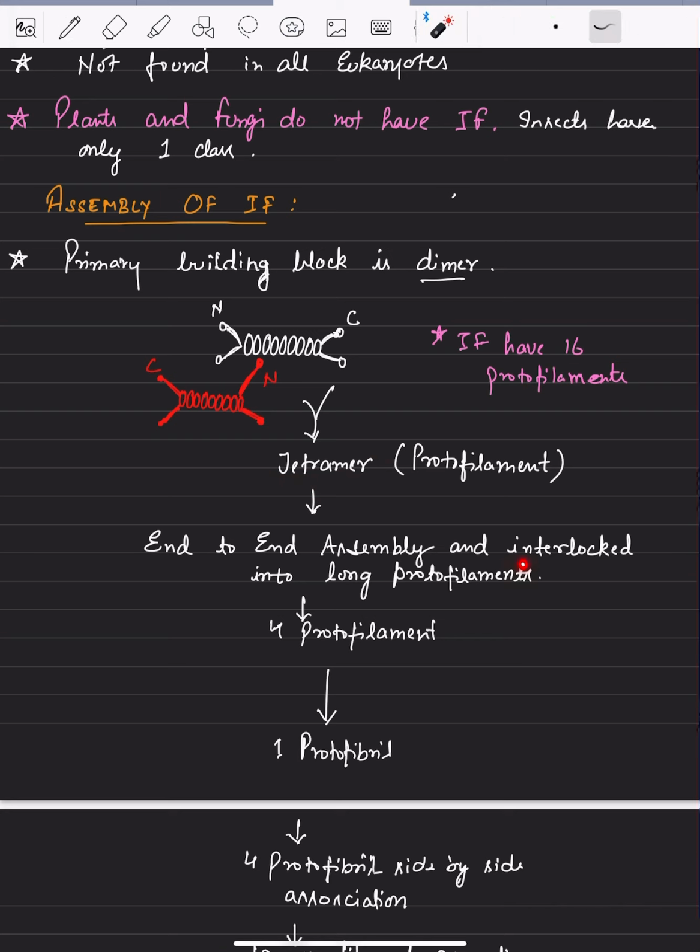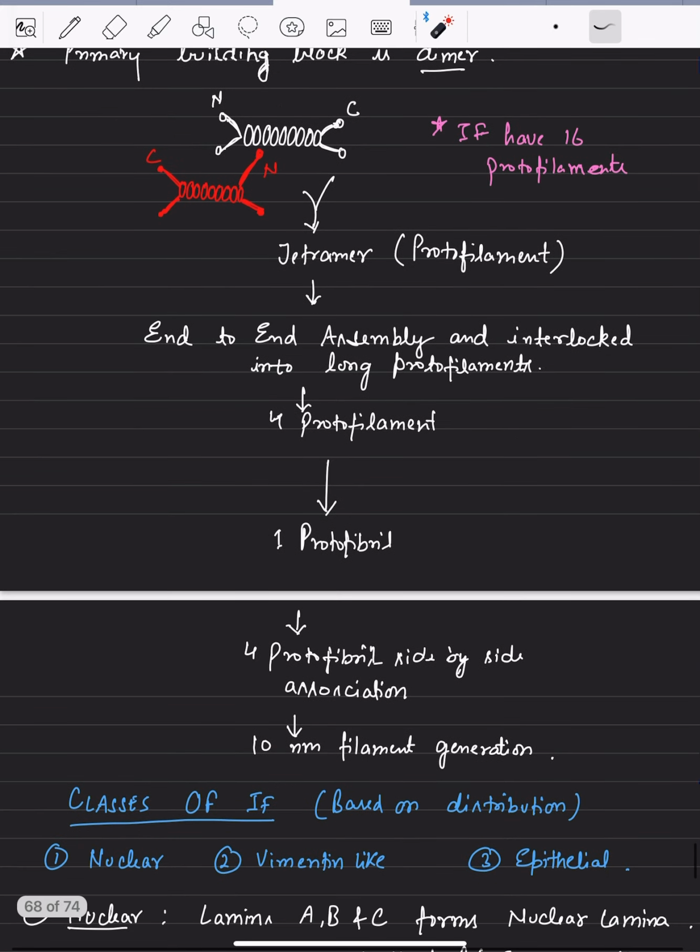So interlocking will be there, you can see. Likewise two more will be here, and together they form a tetramer. So these four protofilaments give rise to one protofibril, further four protofibrils.